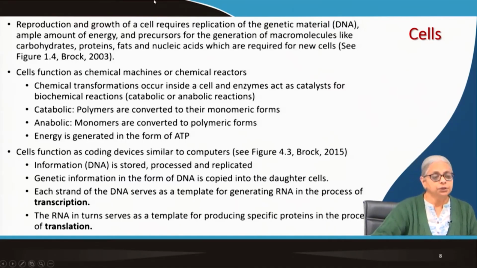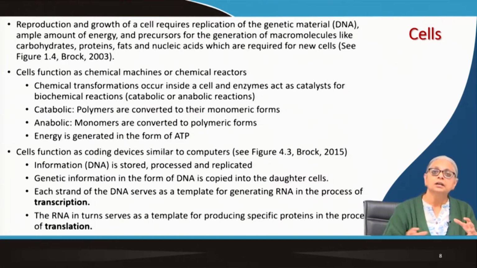So reproduction and growth requires both those functions, the biochemical reactor function as well as the coding function. When I was talking about the biochemical reactor function, when we say it's a chemical machine or a chemical reactor, chemical transformation is occurring inside the cell. How are these chemical reactions happening? Enzymes act as catalysts for these biochemical reactions.